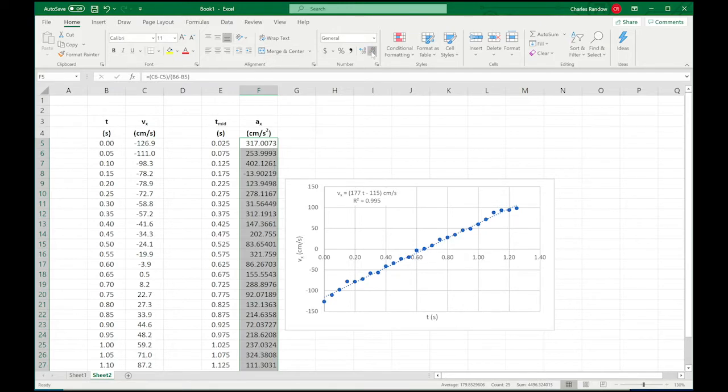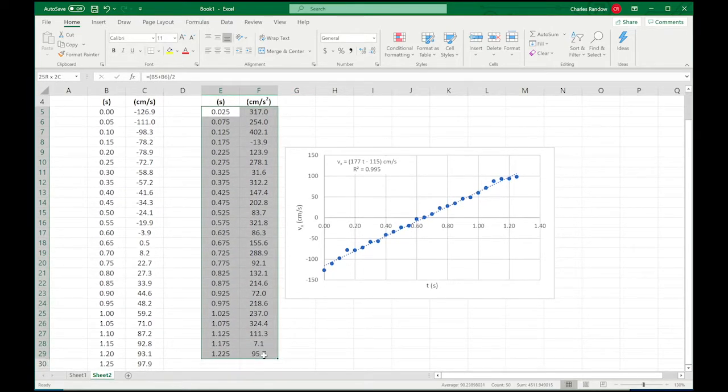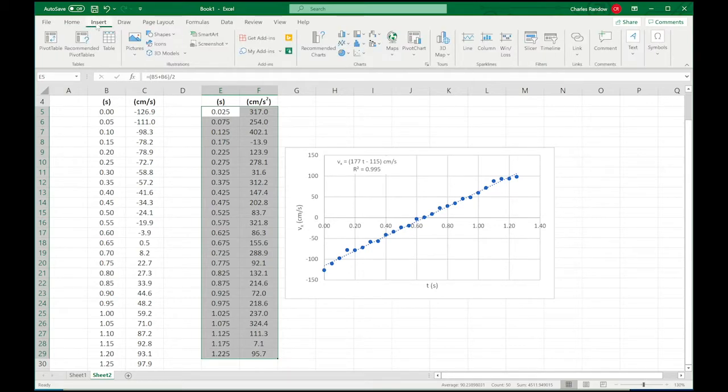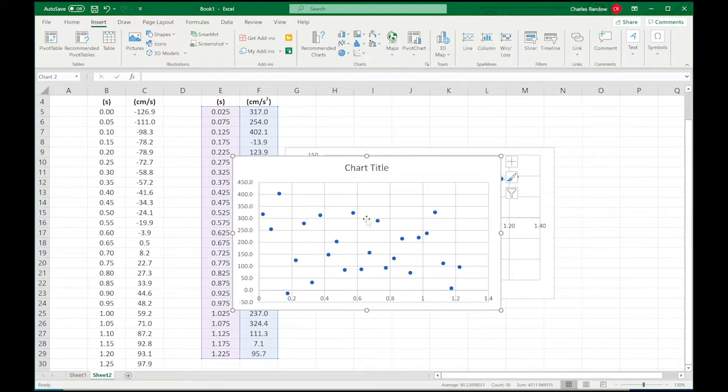And there are a lot of significant figures here, so I'm just going to decrease this down maybe to 1 like that, and center this. Now, if we plotted this, which we can do, insert, I'm going to plot this as a scatter. This looks like a big mess here.